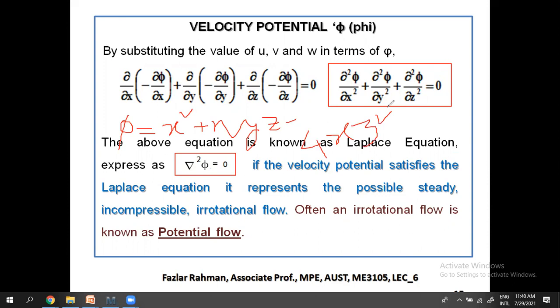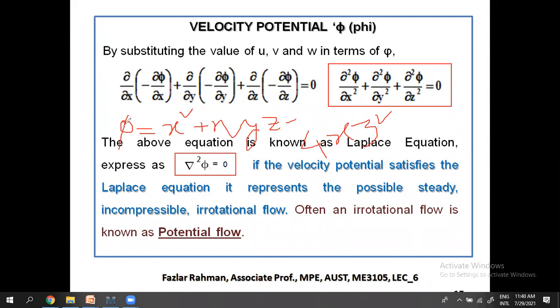Now, you see phi is a scalar function. This is not ijk here because it is not a vector. So how do you know that this flow will be irrotational or incompressible?